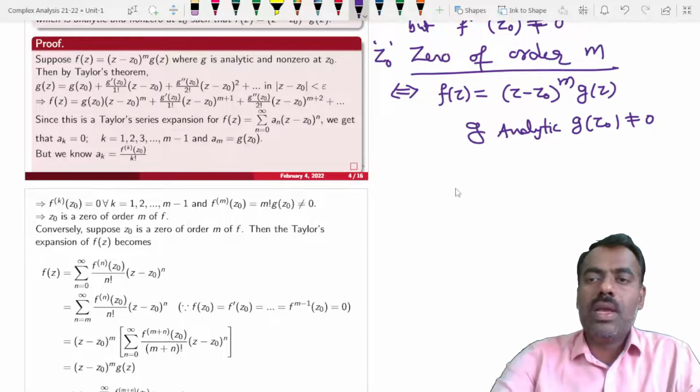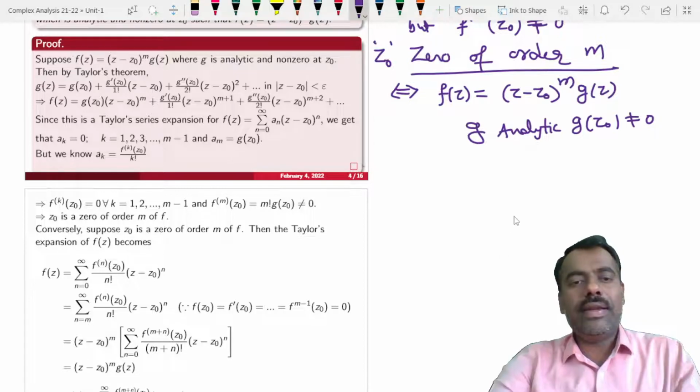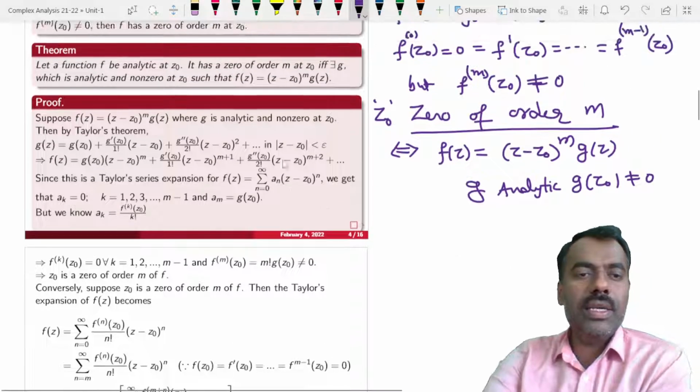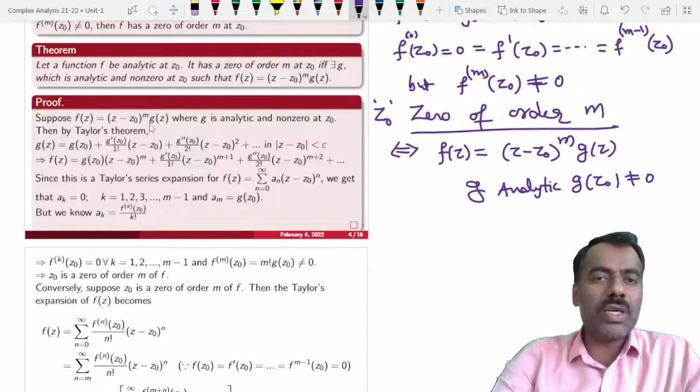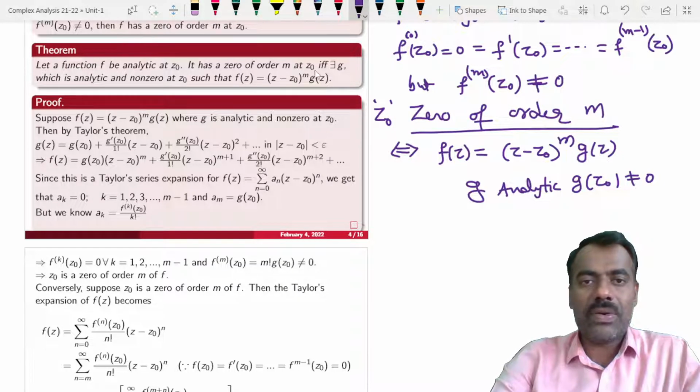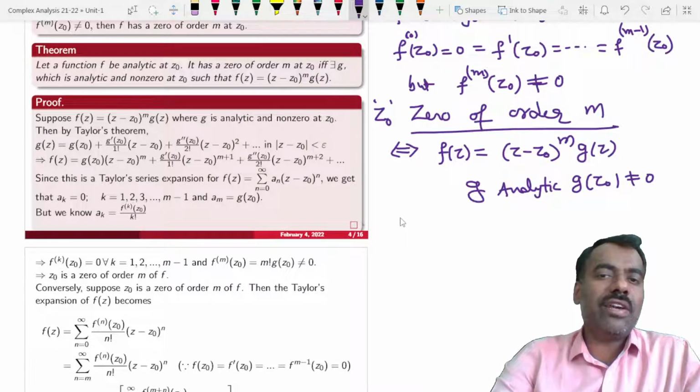This proof is again not a difficult one. Suppose f of z is of this form. Then we want to show that z naught is a 0 of order m.